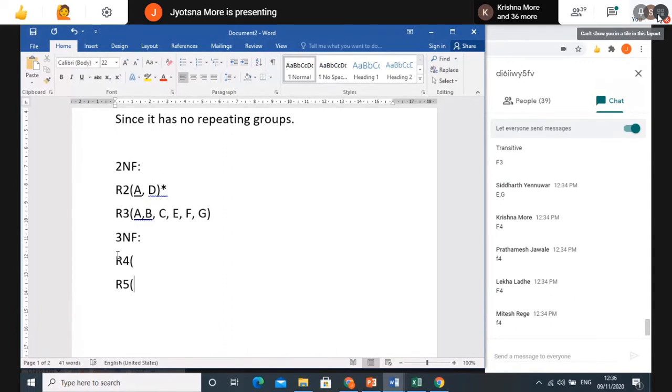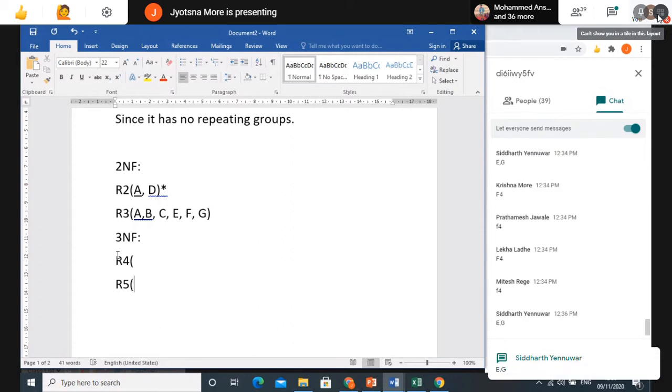So based on this, what will I have in R4 now? Consider the functional dependency which we are showing, whether it is partial or transitive. That will come out of your first functional dependency, or we separate them so that it will not violate the condition. E comma G, correct.